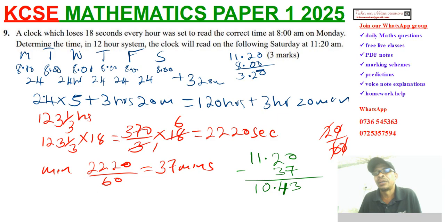So the clock will be reading 10:43 a.m., but the actual time will be 11:20. Because it has lost 18 seconds every hour, it is behind by 37 minutes, and that is how you work out that question.